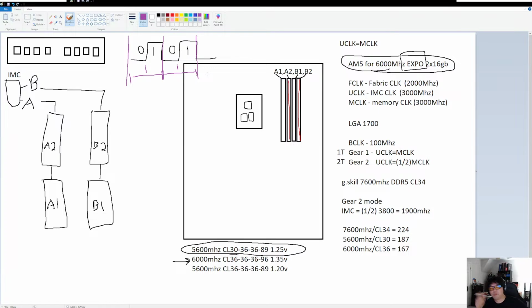What DDR5 allows you to do versus DDR4 is you can encode two commands, or effectively send two commands via the IMC to the memory in one clock cycle. So you could basically send two commands encoded in that one interval of time.